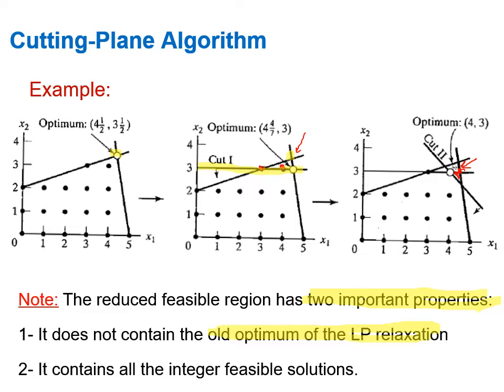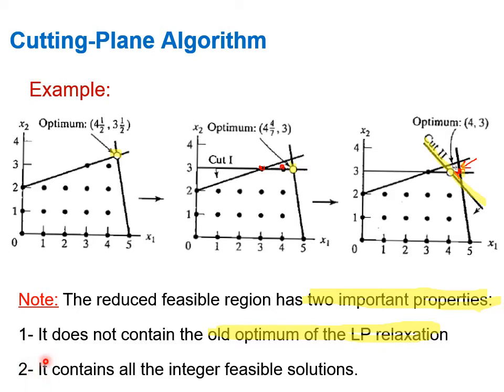Okay, from this one to the other, you see the old optimum solution was this one, and with the addition of this cut, that old optimum solution appeared to be out. So the property of a cut is it does not contain the old optimum of the LP relaxation.